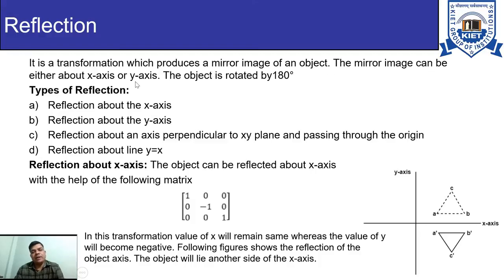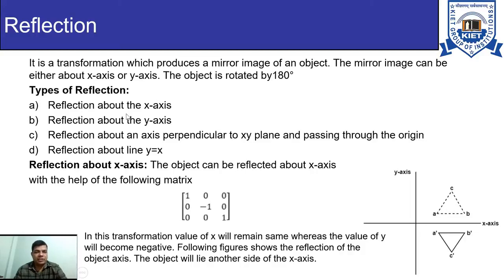Reflection is a transformation which produces a mirror image of an object. The mirror image can be either about the x-axis or the y-axis. Whenever you do reflection, you have to tell whether it is a reflection about the x-axis or about the y-axis. Reflection is a kind of rotation with an angle of 180 degrees.